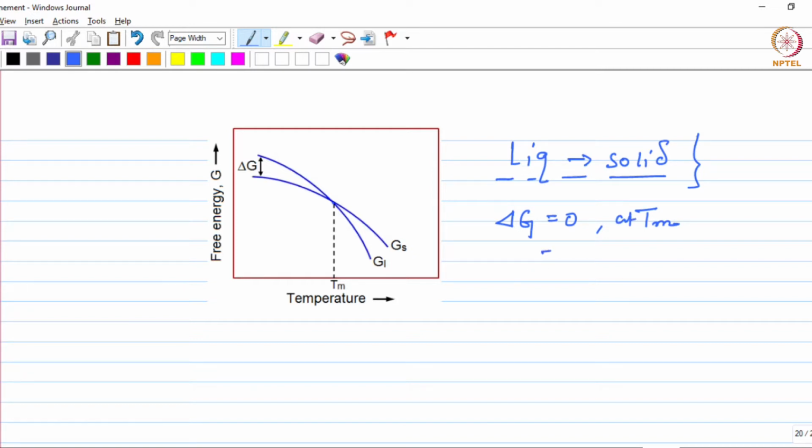So the actual solidification starts at a temperature T, which is below the equilibrium melting point, and this difference, delta T, is known as the undercooling.